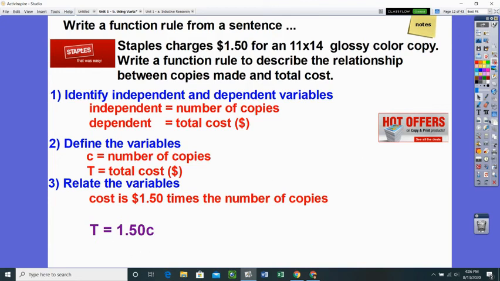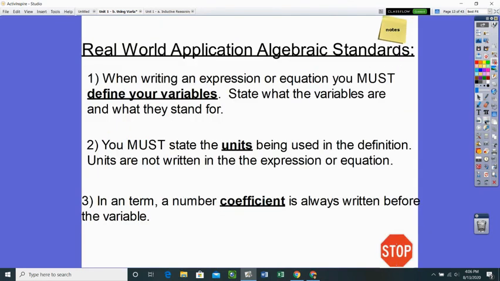So today what we've been working on is kind of setting up some standards. And I just want to review those one more time before we call it a day here. So remember that when you're writing an expression or an equation, you must define your variables from a real world situation. So if it's a real world problem, you need to say what the variables you picked represent.